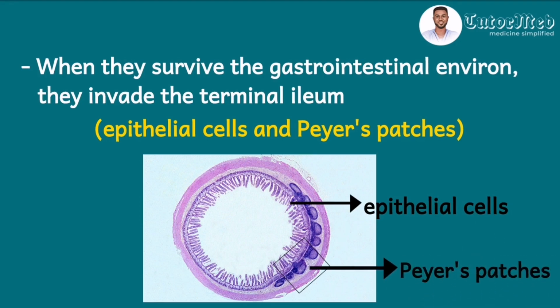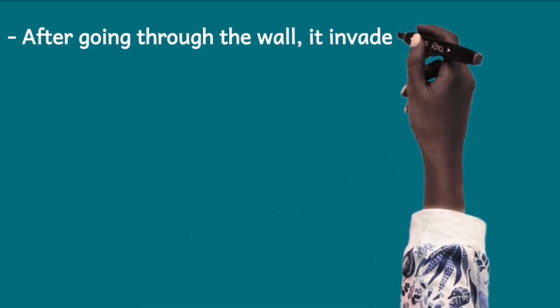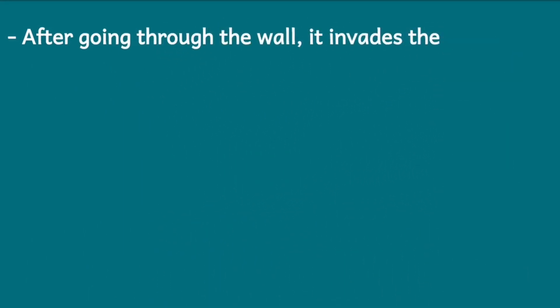And so Salmonella typhi likes to victimize these two, and after invading them, they go through the wall of the terminal ileum into other structures, which we will see in a minute. After going through the wall of the terminal ileum, the organisms invade the lymph nodes of the gastrointestinal system.